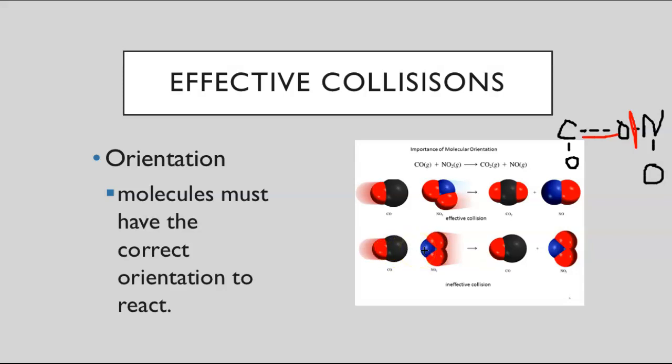Well, nitrogen and carbon don't want to form a bond, so that's an ineffective collision. In this bottom diagram, now you have oxygen colliding with carbon, and so this bond can break and they can form a bond right here. So you can see the new bond was formed and the bond here was broken. So those are the two criteria that must be met for an effective collision. It has to collide with enough energy to overcome activation energy, and the particles must also have the proper orientation.